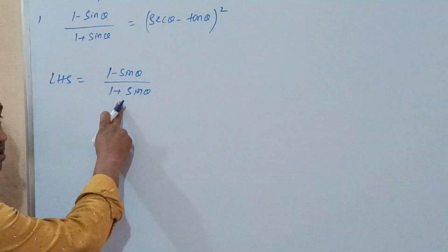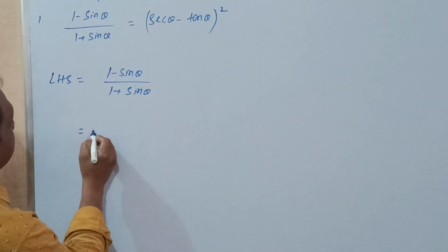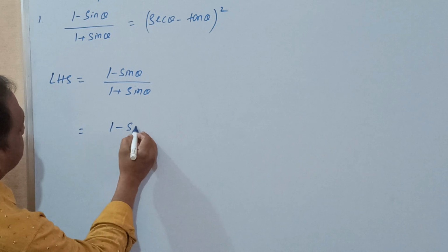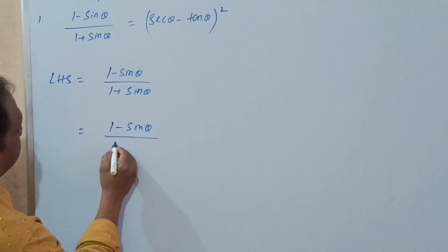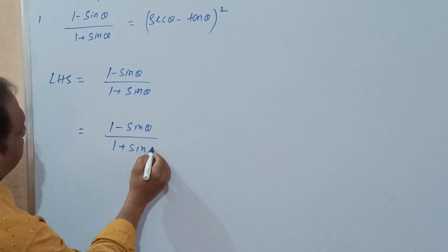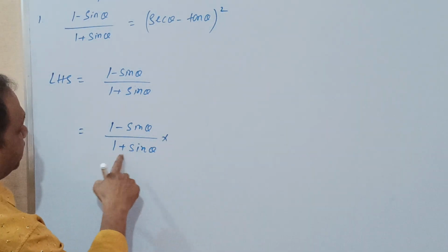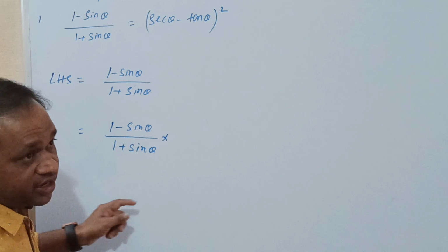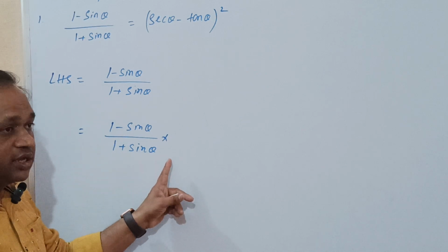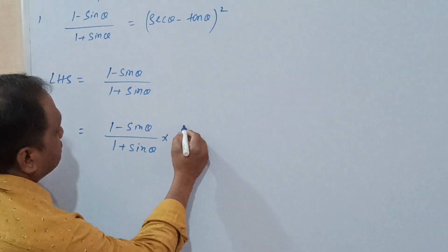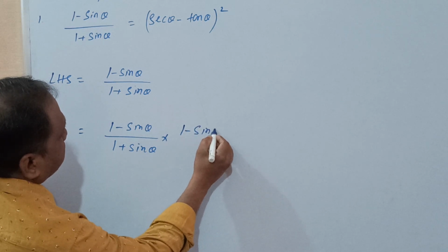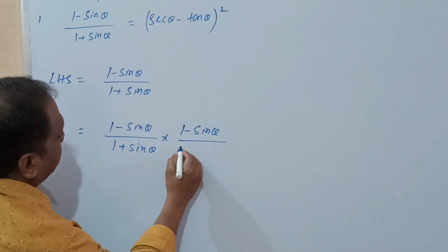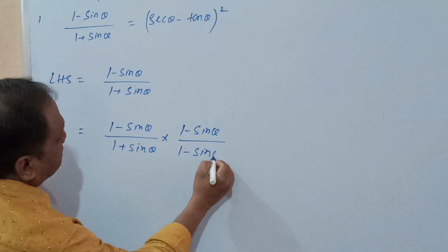So the RF factor of 1 plus sin theta: we will write 1 minus sin theta divided by 1 plus sin theta as it is. The RF factor, in the sense rationalizing factor, of the denominator 1 plus sin theta is 1 minus sin theta divided by 1 minus sin theta.